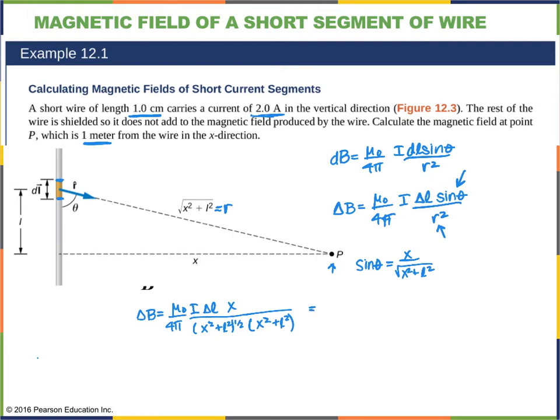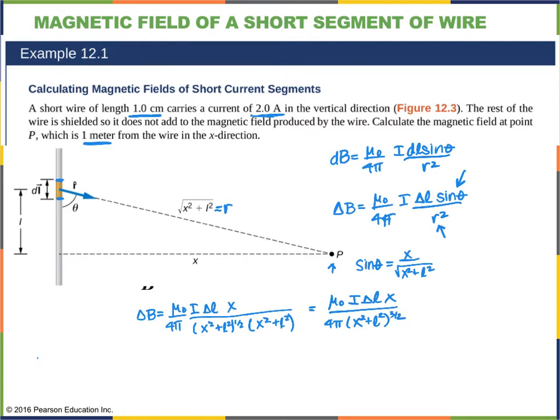Hope that makes sense. So simplifying it, we can write this as (x squared plus L squared) to the 3/2.